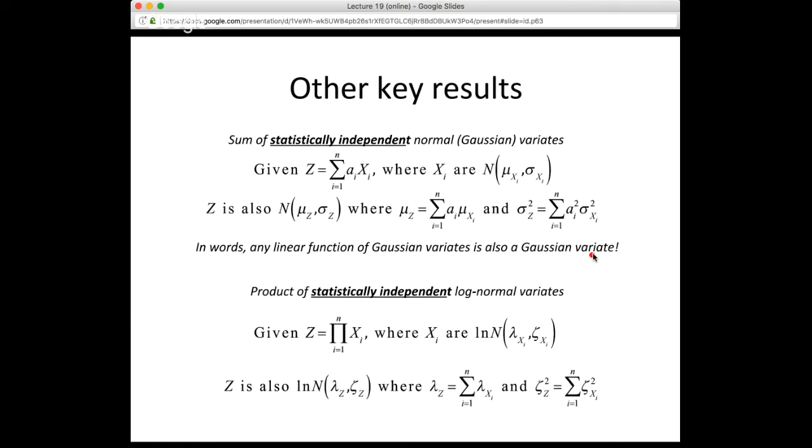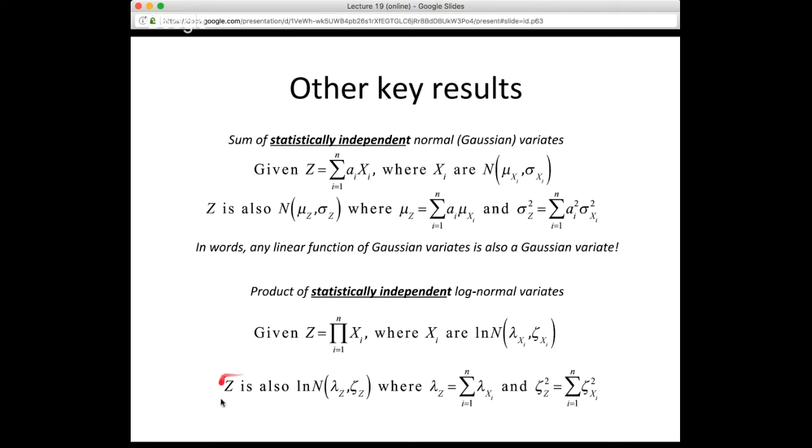It's also true that if you take the product of statistically independent log normal variates, so you define a new random variable, which is essentially just the product, which is what that pi means, of a series of statistically independent random variables xi, where each of the xi are log normally distributed with their own lambda and zeta parameters.